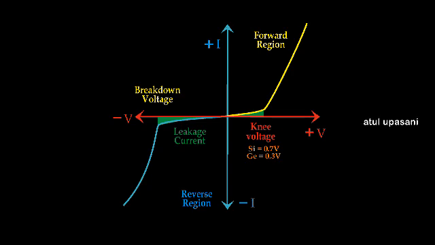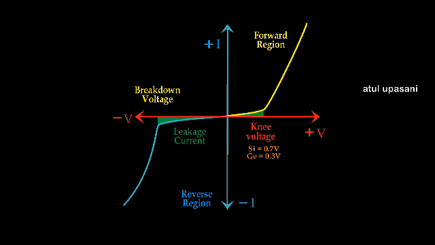When the applied voltage is in opposite polarity to that of the p-n junction diode, and the voltage is gradually increased, again there will be a leakage current, and this leakage current will start increasing, but it is very small. So up to a certain voltage there will be no conduction in the diode, only the conduction due to minority charge carriers, and that current is leakage current.